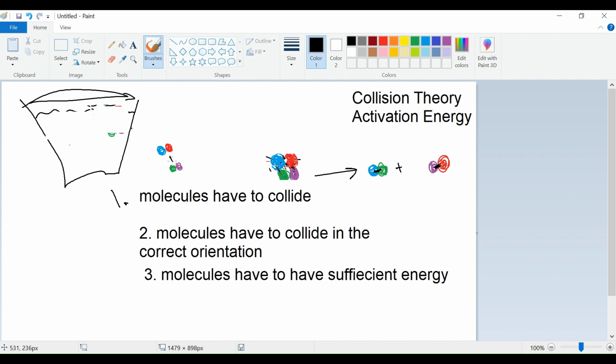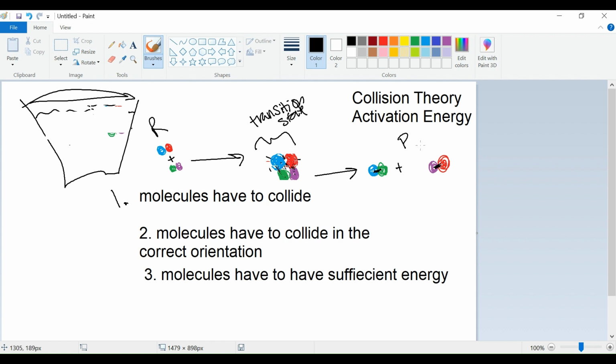So we can think of our whole reaction as we have our reactants, and then we have our products, and then we have this transition state, which is this place we get to in between when we haven't quite turned into our products, but our molecules have collided and they've done so in the correct orientation.